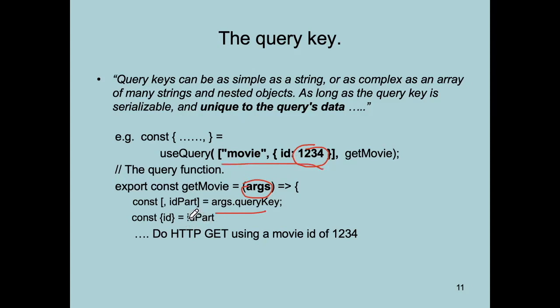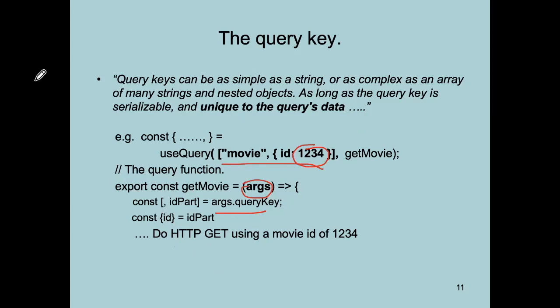And all I'm doing down here is some array destructuring. So ID part is going to be a variable referring to this little object here. And then I'm extracting the ID property within that object. So ultimately I'm going to have a variable called ID, and in this particular example it's going to be pointing at the integer 1234. And then I can make my HTTP request using 1234 as the movie ID.